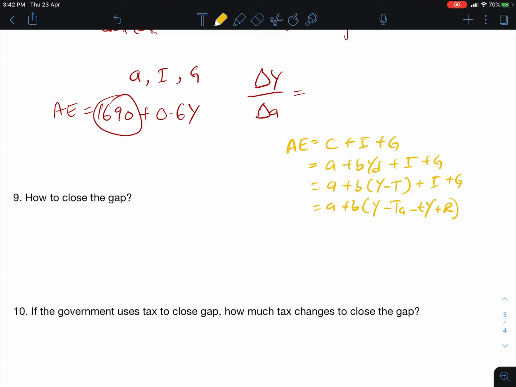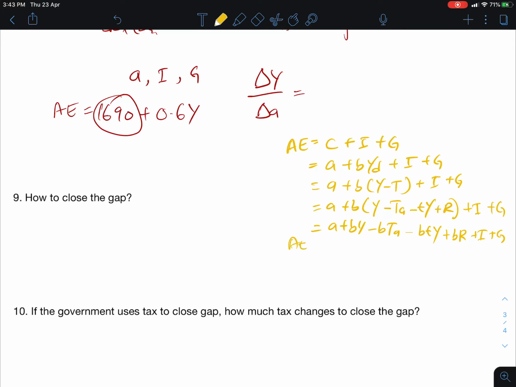Jadi gross tax tolak transfer payment, you akan dapat T is net tax. Okay. Plus I plus G. So kita akan dapat A plus BY minus BTA minus BtY plus BR plus I plus G.